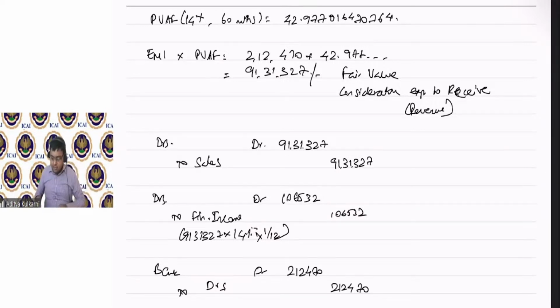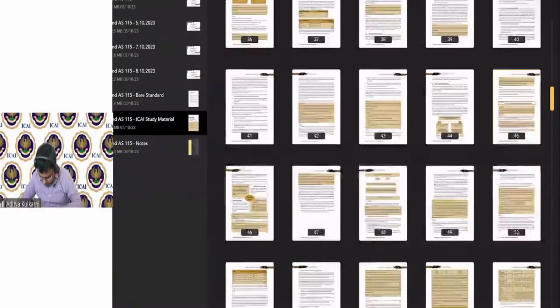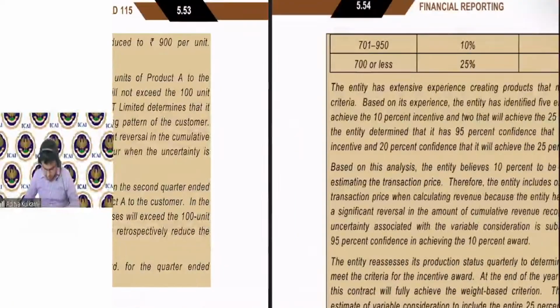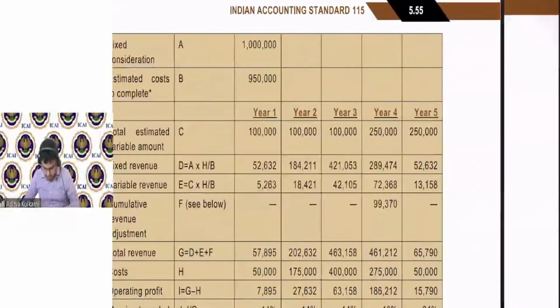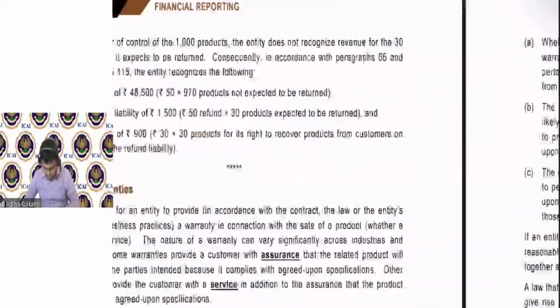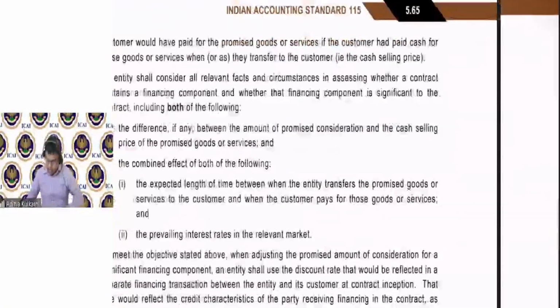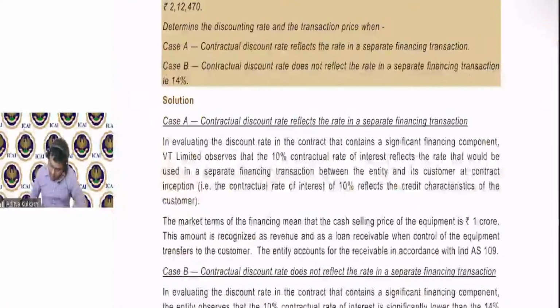So if you see the solution which is there in the question, just give me warranty. Okay, 37, 38, 39. So you can see here, evaluating the discount rate, market terms means that cash selling price is 1 crore. We also determined 1 crore.